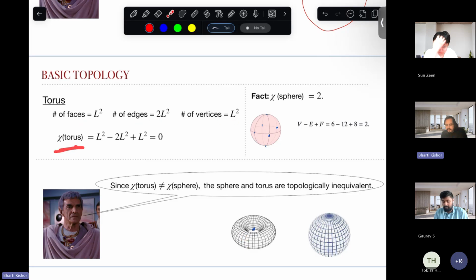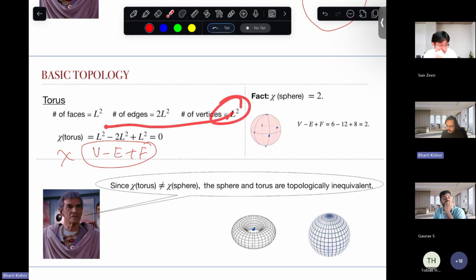We were calculating V minus E plus F. That was our Euler characteristic. So you calculate that for the object. V is how much? Number of vertices, L square. Number of faces, L square. And edges was 2L square. So put it here. So the Euler characteristic of the torus is how much? 0.